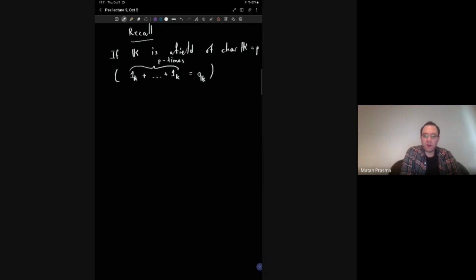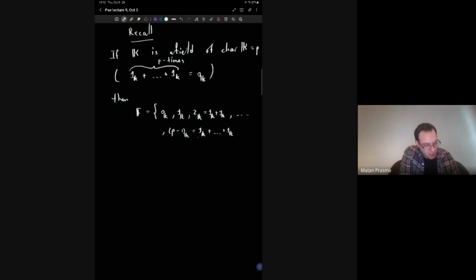And what we showed is that within K, you have, let's call it F, I take 0, then 1K, then I will denote as 2K simply 1K plus itself. And this goes on until what you can denote as P minus 1 sub K, which is 1K plus itself P minus 1 times.